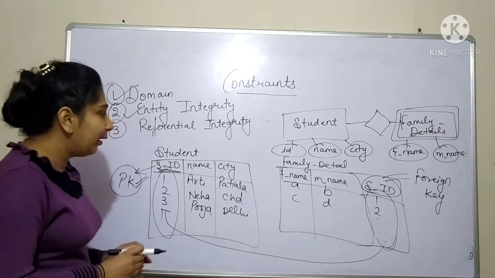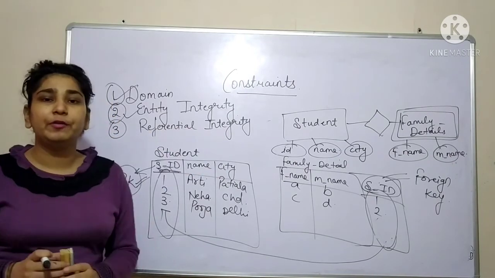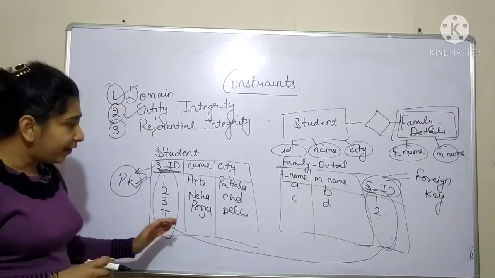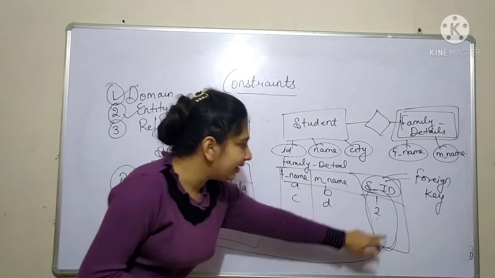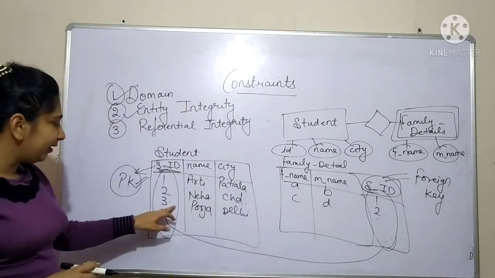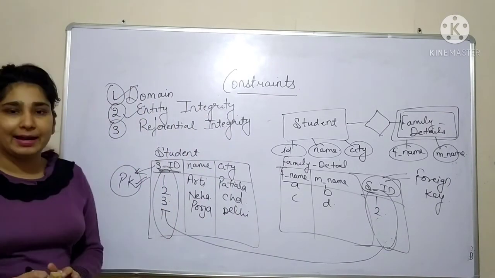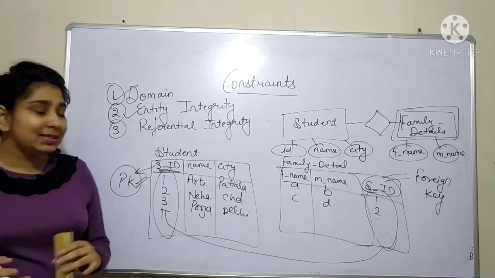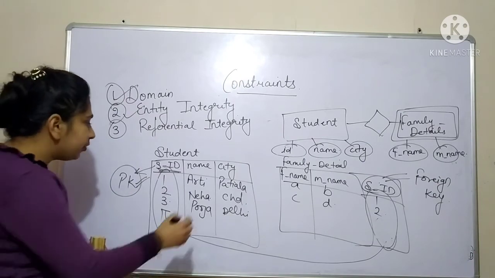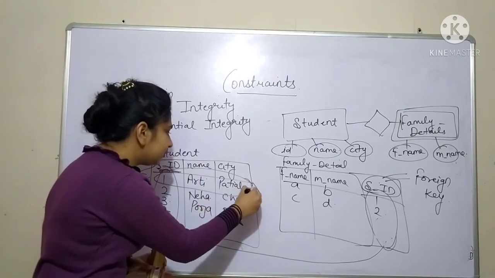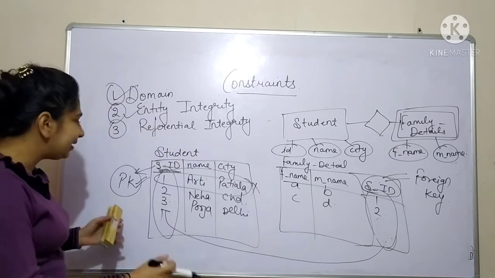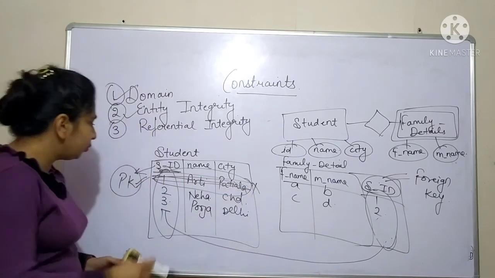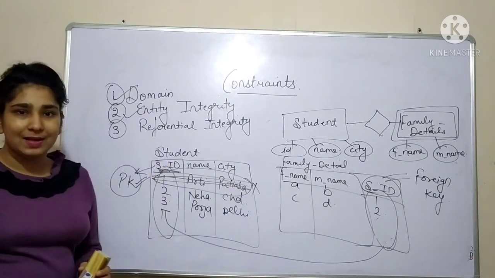Now what is the meaning of referential integrity? The first thing is that all the values of this foreign key would be referring to the student ID, the primary key of this table. The second question is, let's suppose you are deleting this row, and now there is no student ID 1 present.